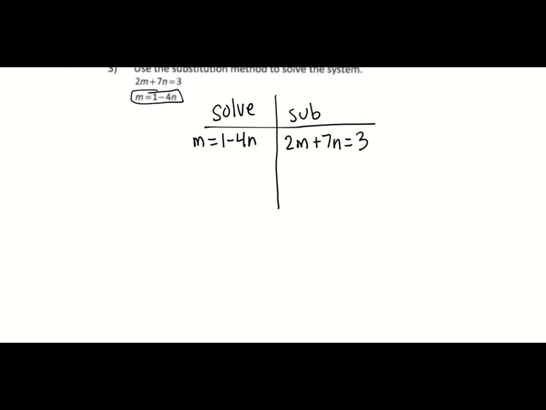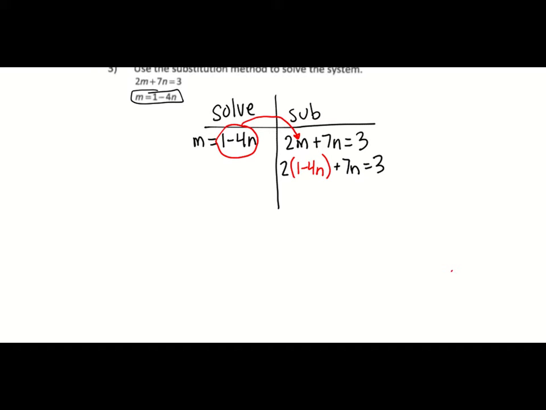Okay, if m equals 1 minus 4n, I'm going to take that and plug it in for my m. So now I'm going to have 2 times, I'm going to take that whole thing, plug it in for m, and then I still have plus 7n equals 3.